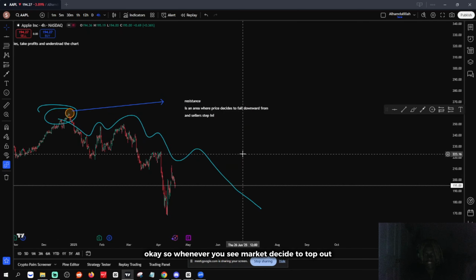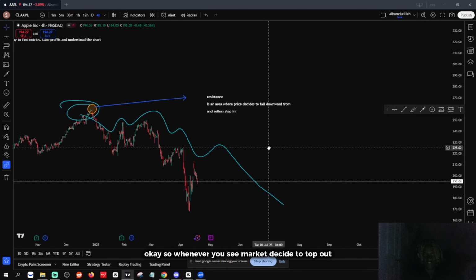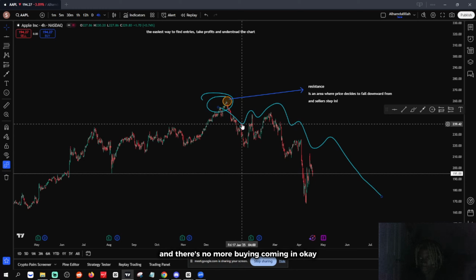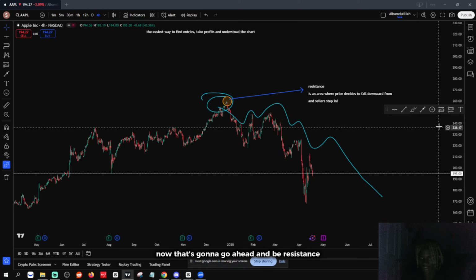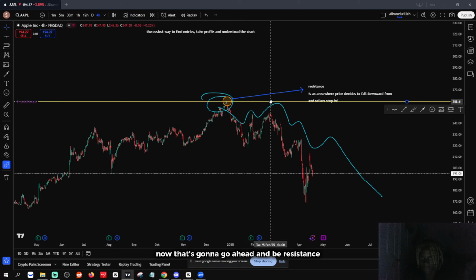Okay? So whenever you see market decide to top out and then fall downward, that's going to mean that sellers have stepped in from that area. And there's no more buying coming in. Okay? Now, that's going to be resistance.